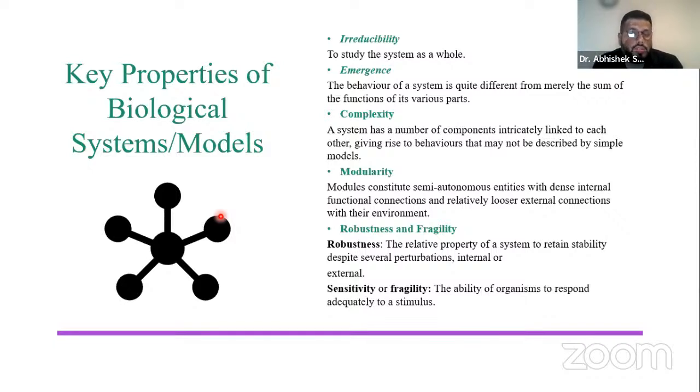Next is modularity. So what is modularity? Bacterial systems may be viewed, so modules constitute semi-autonomous entities, right? It's not that a particular biological process takes place in a uniform or homogeneous system.